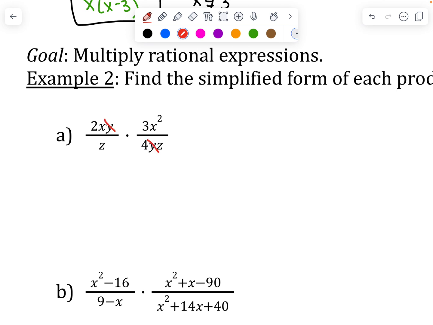The y cancels as well as the 2 and the 4, they reduce. So actually, I'm just going to rewrite this as a 1 and a 2. Now, my x's and my z's don't actually cancel there. So I end up with 3x cubed in the numerator and 2z squared.